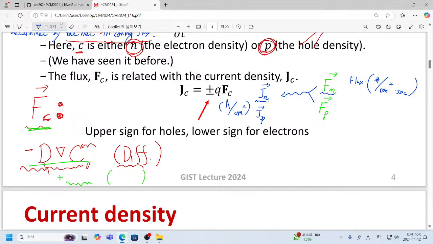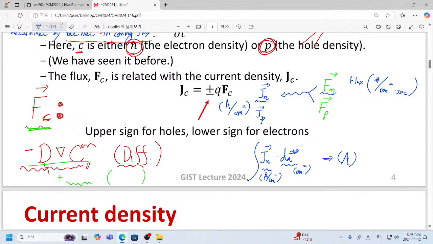You can easily understand, if we make an area integration of this current density vector, which is ampere per square centimeter, then the areal integration gives us another area scale, so we will have just an ampere-scale quantity out of this integration.